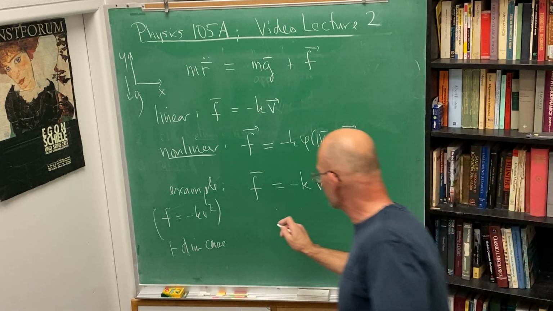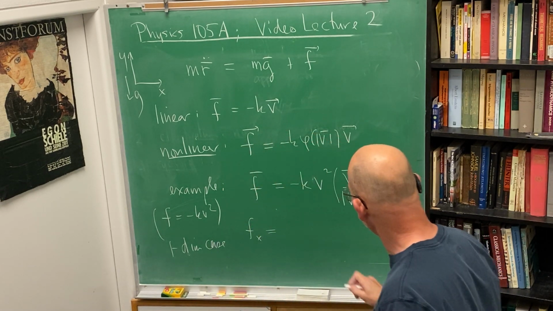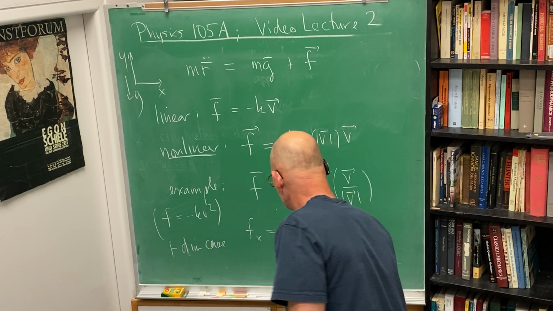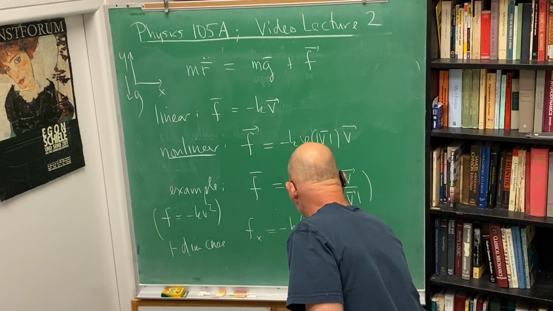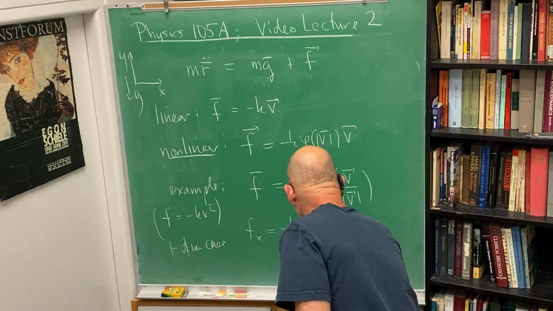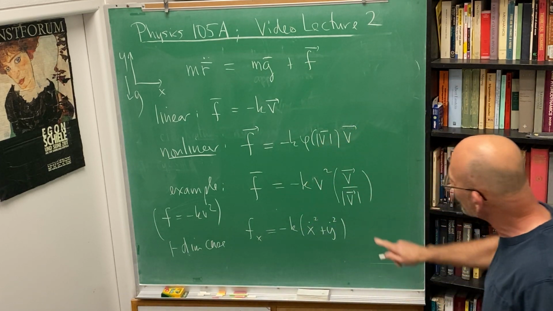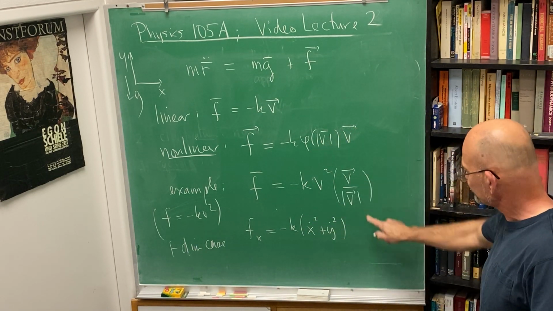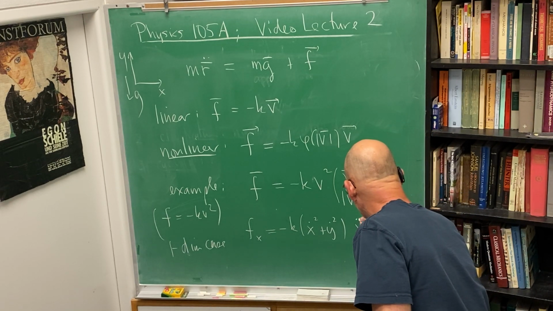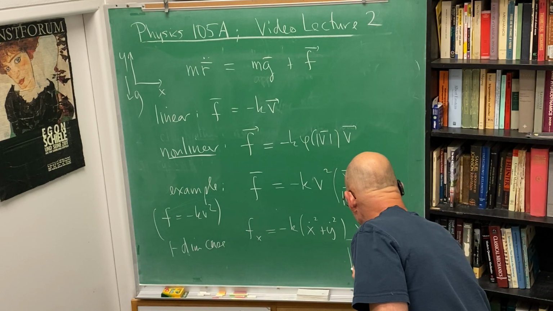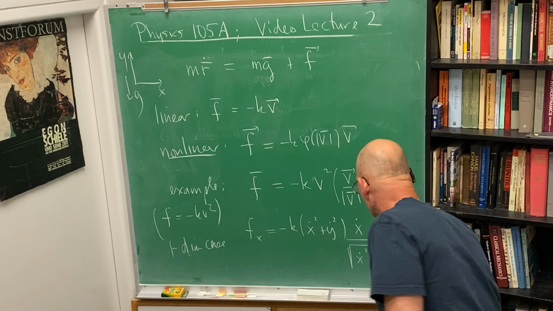But look what happens here. If we write this out, we have minus K. I'm just going to do the X component. That'll actually be enough to see what's going on. Well, minus K times x dot squared plus y dot squared, right? That's V squared. And then we're looking at the X component, so it would be x dot divided by the square root of x dot squared plus y dot squared.